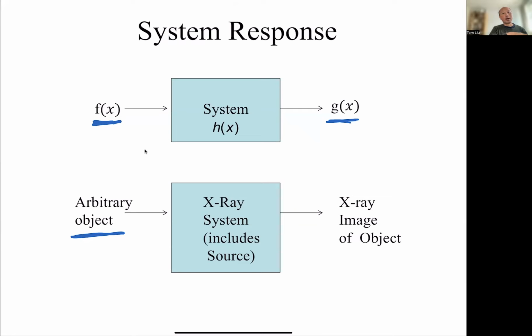If you have to assume any arbitrary object, then you have to satisfy different criteria that are quite strict. But let's just say in this case, we're imaging some part of your body, or some biological specimen. We put it into the X-ray system, and the system response then is simply the X-ray image of that object. Okay.